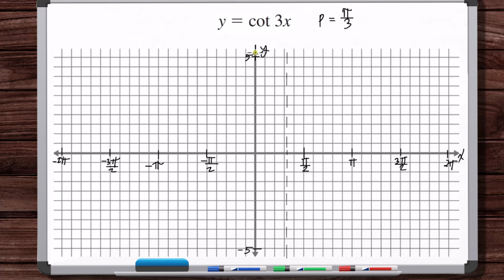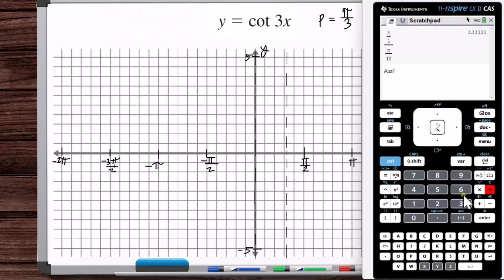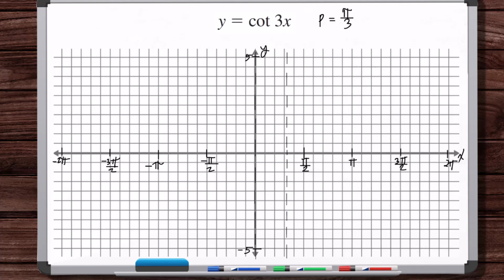Okay, and then we've got the origin as the other vertical asymptote. All right. Now, what is 3 1/3 divided by 2? That's 1 2/3.